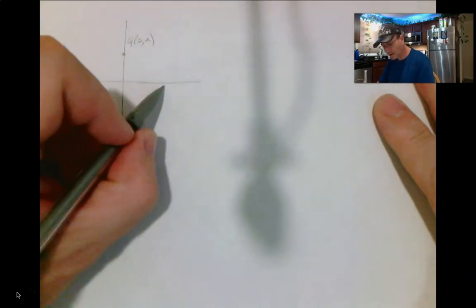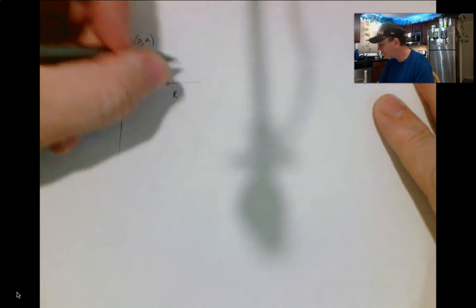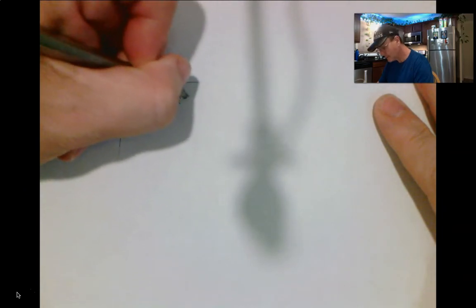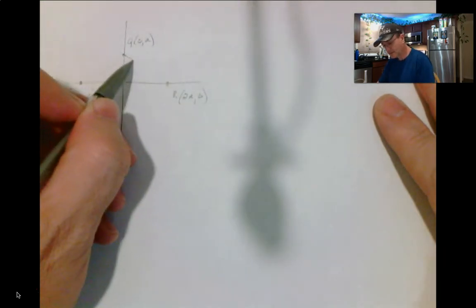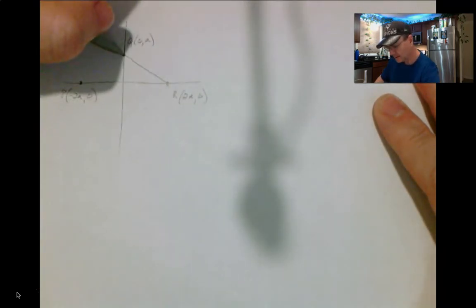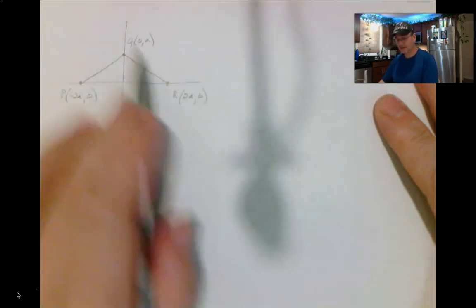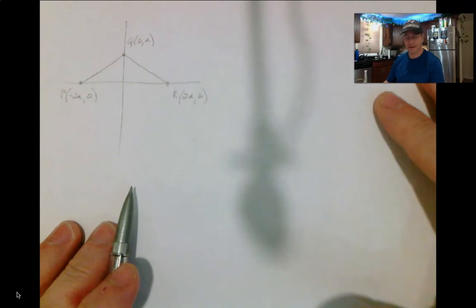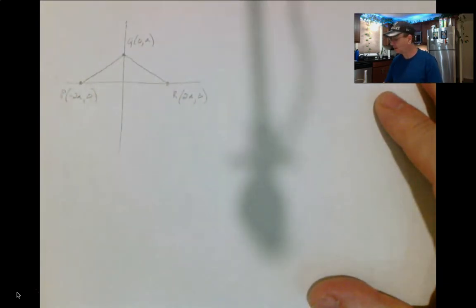R is 2a comma 0. Forcing this to be an isosceles triangle, conveniently placed so that it is symmetric on the y-axis. Two of the vertices are on the x-axis, one is on the y-axis.